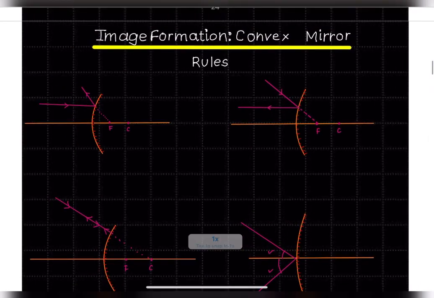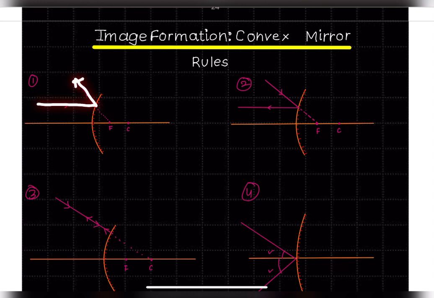So for image formation of a convex mirror, there are four rules. This is the first one, second one, third one, and fourth one. The first one says if a line is parallel, then it will be deviated like this, and on the other side of the mirror, if you draw it dotted, it will touch the focus.